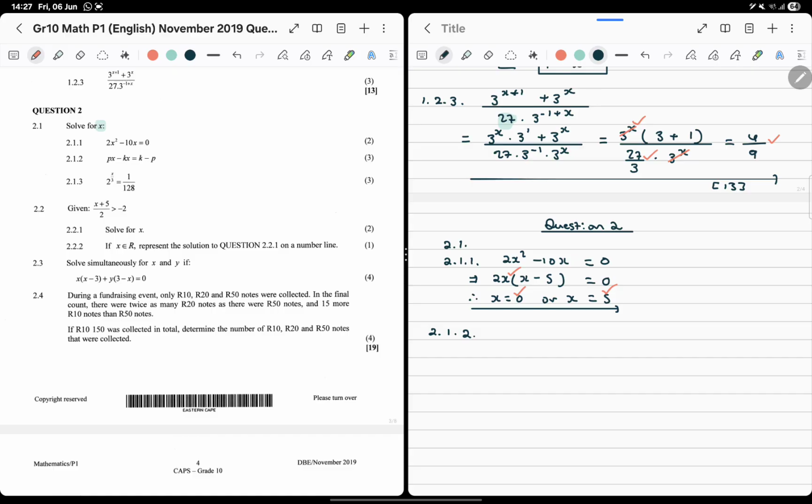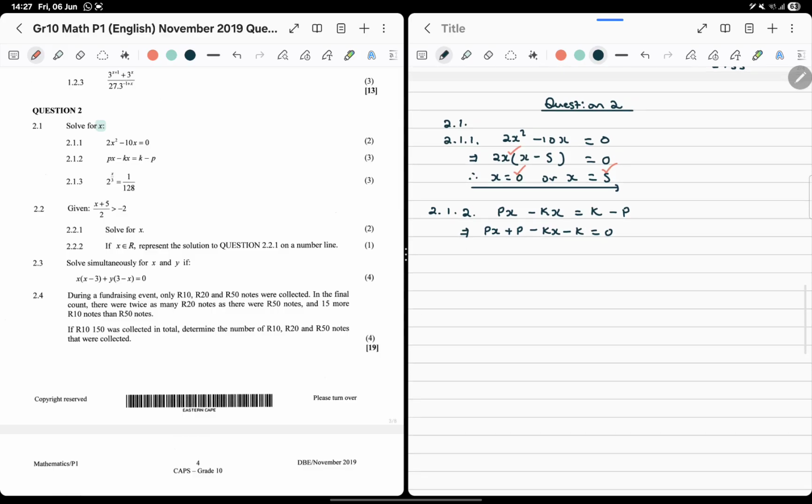Okay, remember that. So this is px minus kx equals k minus p. Of course, this one has more than 4 terms when we transpose everything, so we might as well group everything. So we group whatever has p together, minus kx minus k equal to 0.